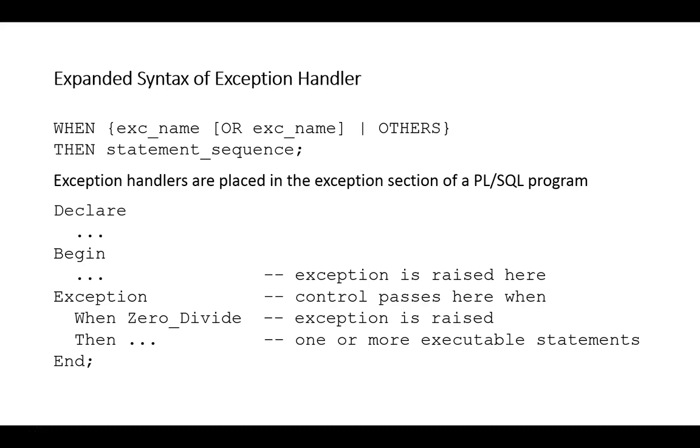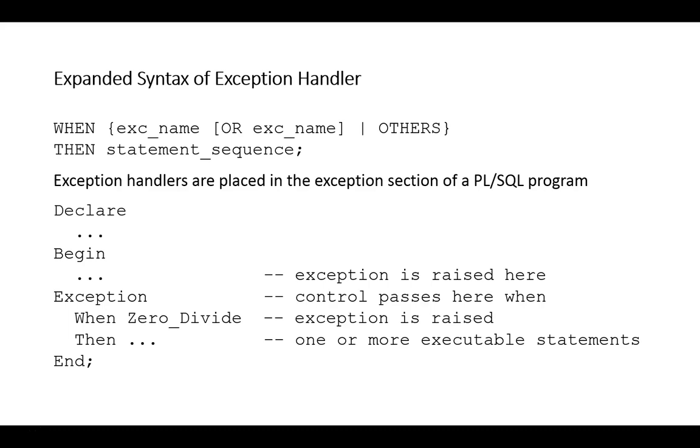So this presents the issue of distinguishing between the specific events that have occurred. If we're handling two different events in the same way, the same THEN statement sequence, how do we know specifically which problem occurred?